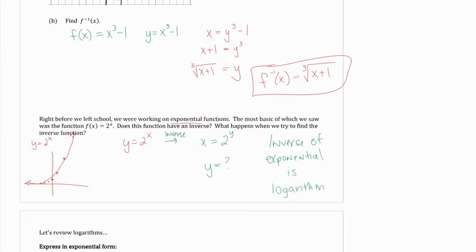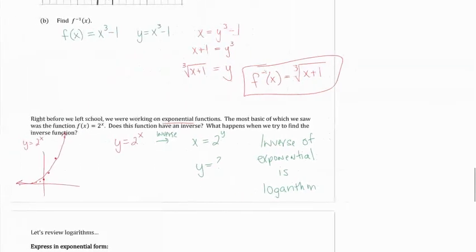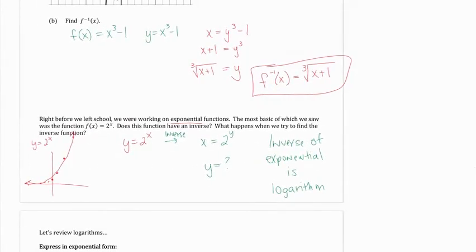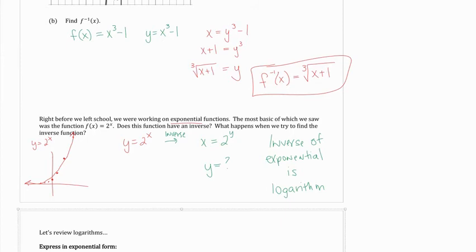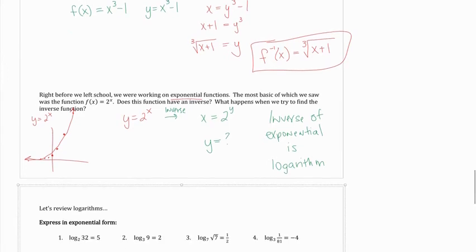If you remember, we did some very basic stuff with logs first semester. And now is when we really get into what logarithms can help us do, but we'll only be able to do a little of it. But one really important thing to remember is that the inverse of exponential is logarithmic, or, sorry, the inverse of a logarithmic is exponential. You'll get into a lot more of that in pre-cal.